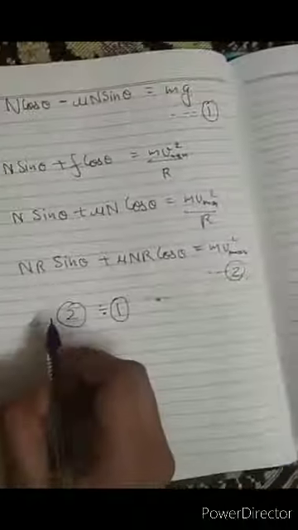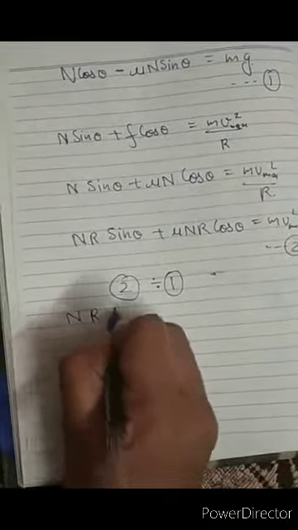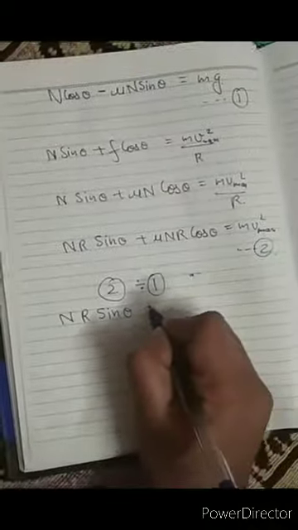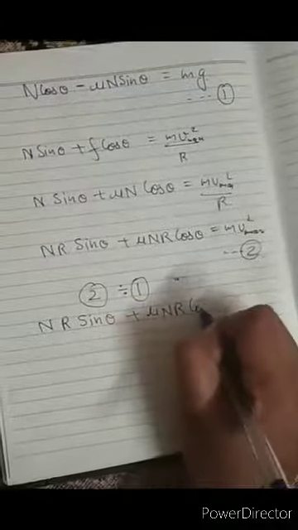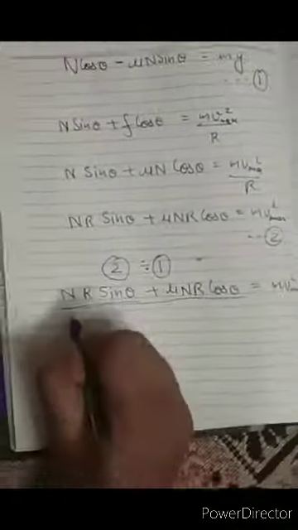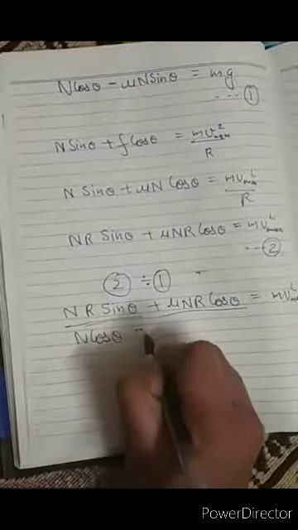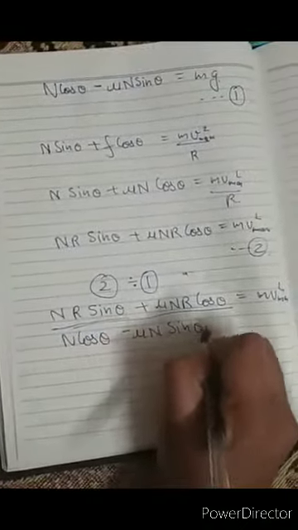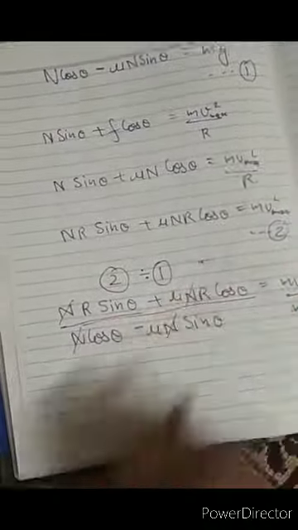What I am left with is n r sin theta plus mu n r cos theta is equal to m v max square, divided by n cos theta minus mu n sin theta equal to mg. Here n cancels out, and m and m cancel out.